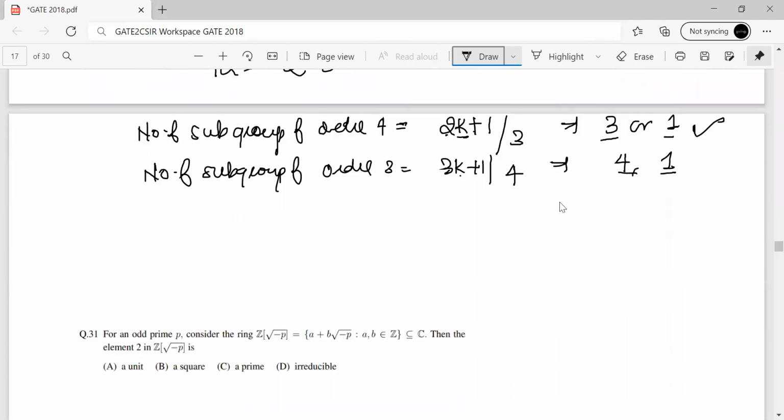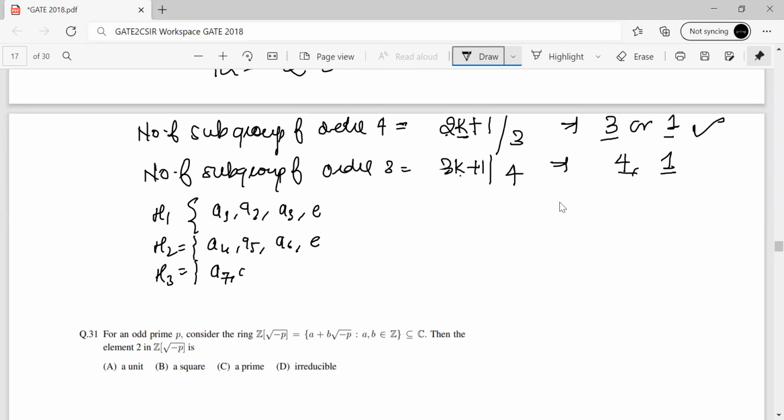Suppose there are 3 subgroups of order 4. Let's fill them: H1, H2, H3. Say element 1, element 2, element 3 followed by the identity, then element 4, element 5, element 6 followed by the identity, element 7, element 8, element 9.